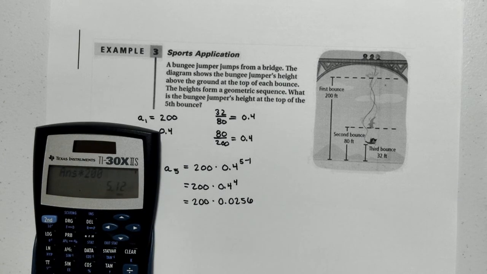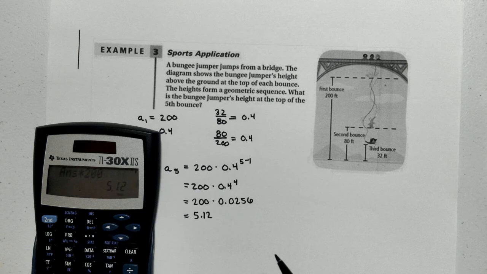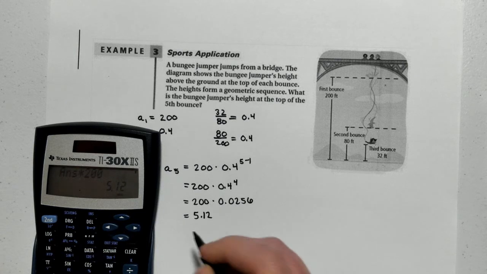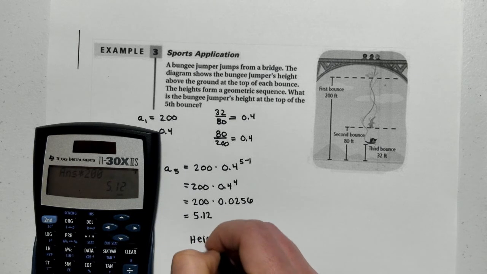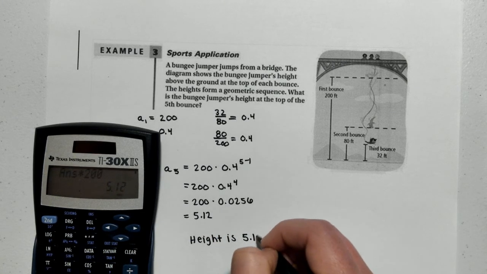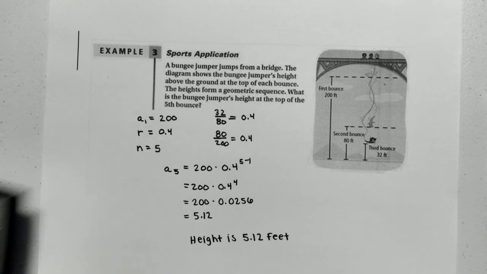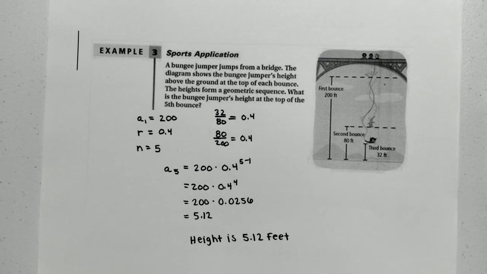Multiply that by 200, and we get 5.12. So the height of the 5th bounce would be 5.12 feet.